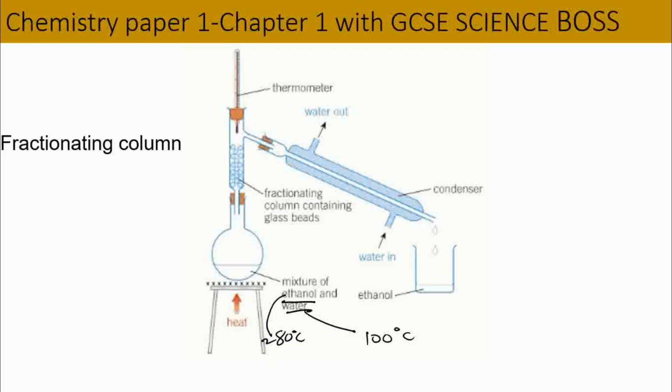Approximately 80. Now what will happen is you heat the mixture. When it gets to 80 degrees Celsius, or before getting to 80 degrees Celsius, you're going to pass through your fractionating column. In your fractionating column, there is repeated evaporation and condensation.